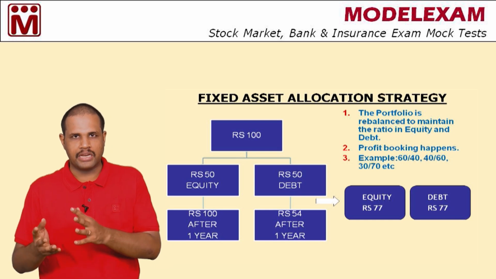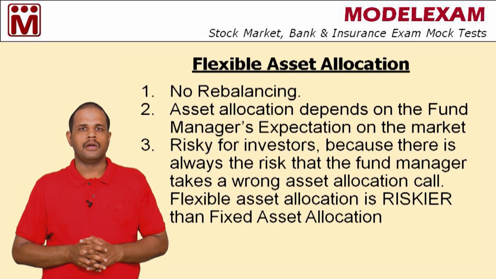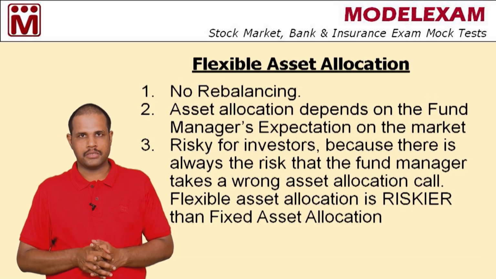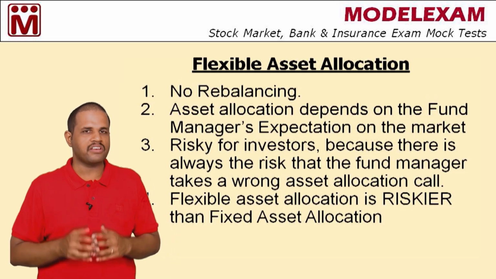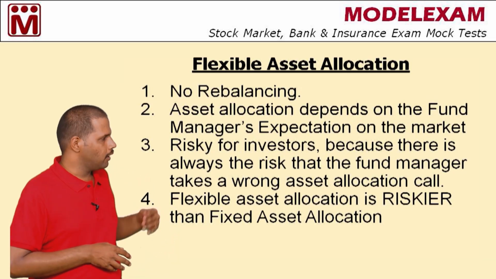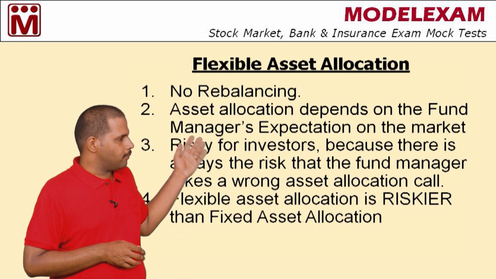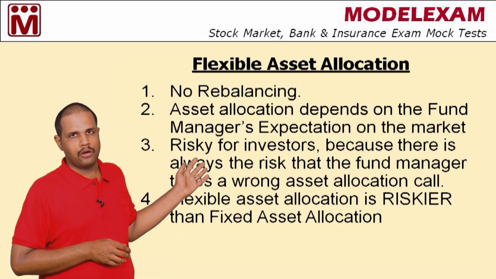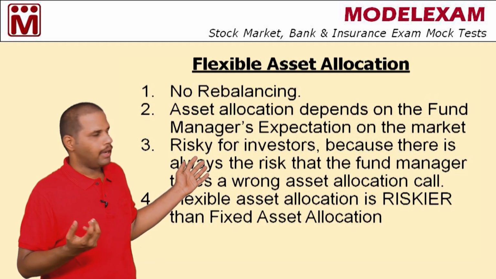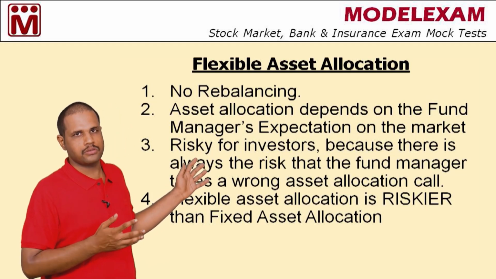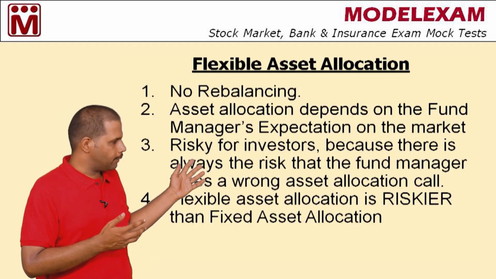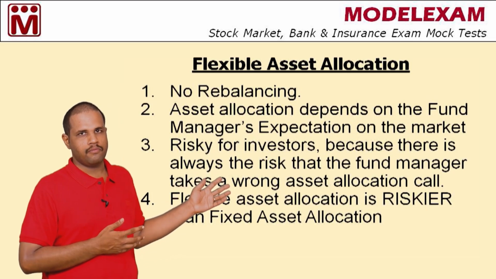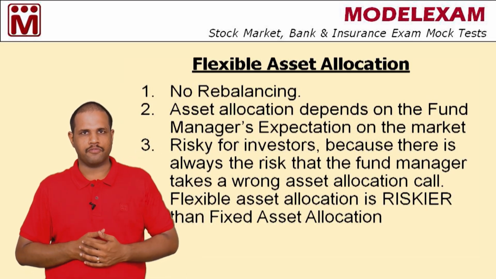The next asset allocation strategy would be flexible asset allocation strategy. So what is flexible asset allocation strategy? See here, flexible asset allocation strategy is a strategy where all asset classes are involved and there is no fixed proportion as such. The proportion depends on the fund manager. We have seen earlier about asset allocation funds.